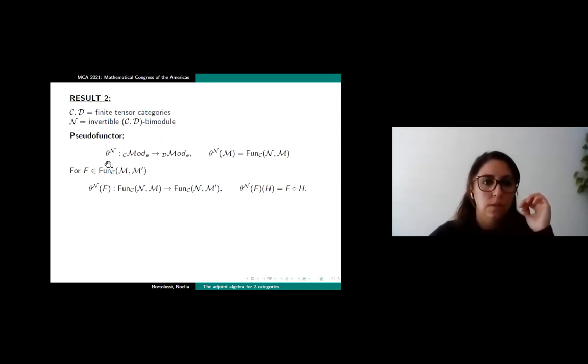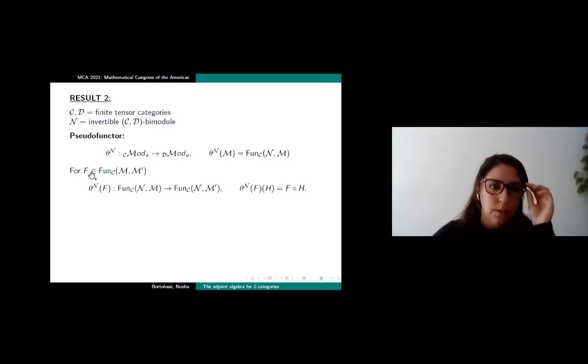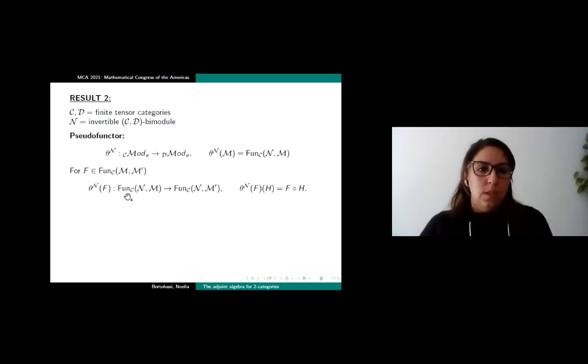We are going to denote it by theta^N, and it goes from the exact C-modules to the exact D-modules. It takes a module M and sends it to the category of C-module functors between N and M. And if you take a C-module functor F that goes from M to M prime, it sends it to a functor from the C-module functors between N and M to the C-module functors between N and M prime, and it's just composition with F.